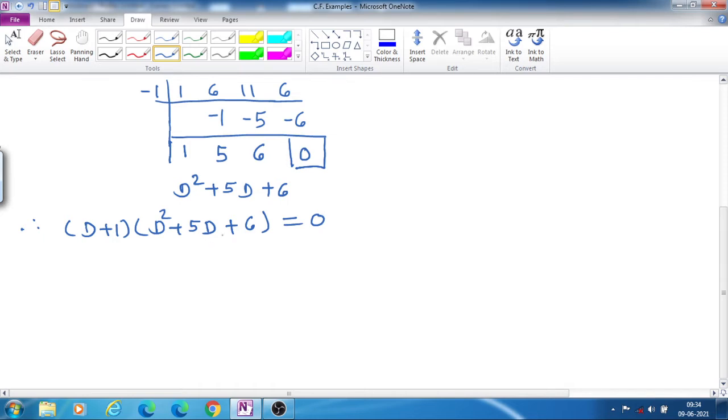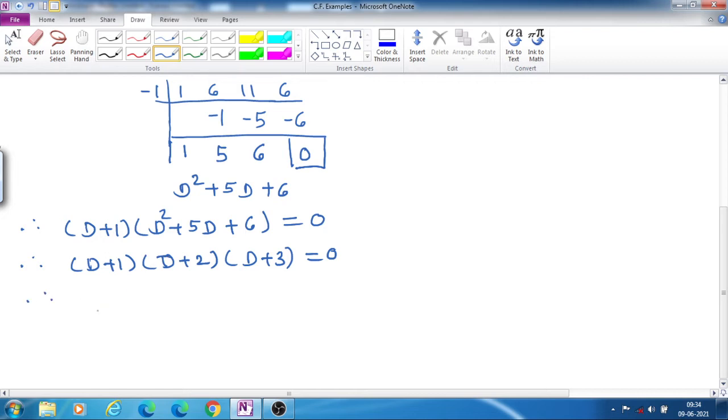Again we have to factorize this factor, but we can see and we can write the factors of this, because here is 5d, here is 6, 3 plus 2 is 5, 3 into 2 is 6. So we have factors of this as d plus 2 and d plus 3. So we write here this is d plus 1 into d plus 2 into d plus 3. This is equal to 0.